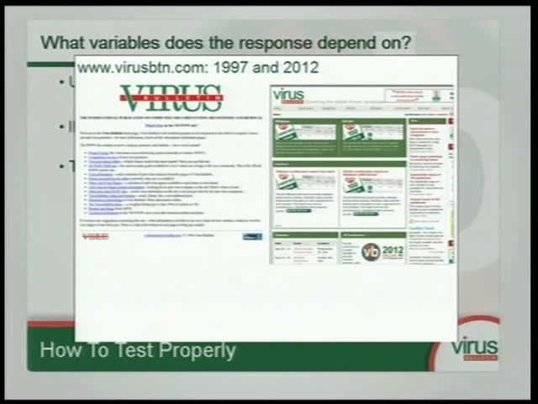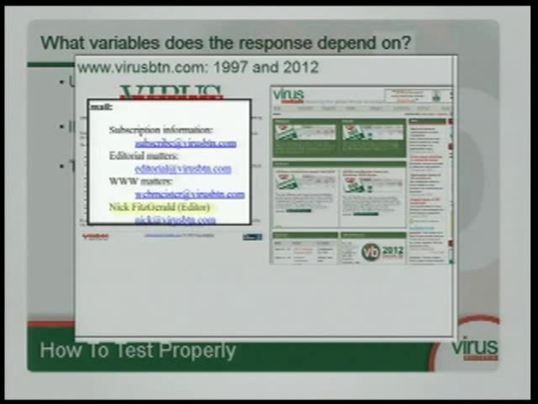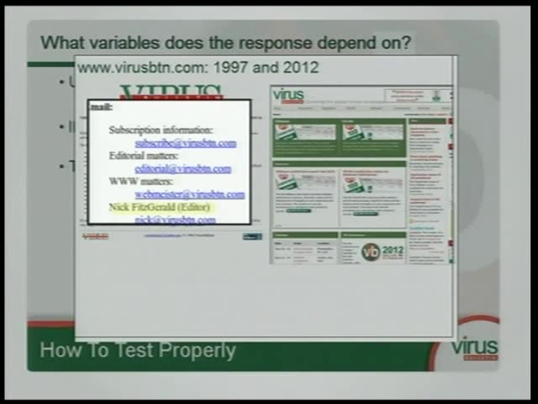Last year at VB 2011, Nick Fitzgerald, who actually was editor of Virus Bulletin in '97, gave a presentation on distributed one IP malware. And the idea of that is that there's a large number of malicious websites that together only attempt to infect every IP address once.